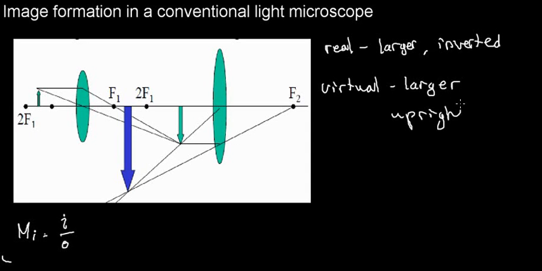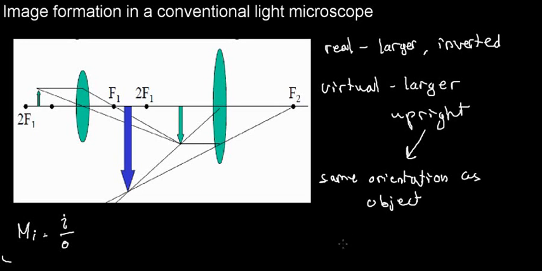I want to clarify what I mean by upright: the same orientation as the object. Which means that if this is my object, its virtual image is going to be in the same orientation. And you'll know what I'm talking about in a second.